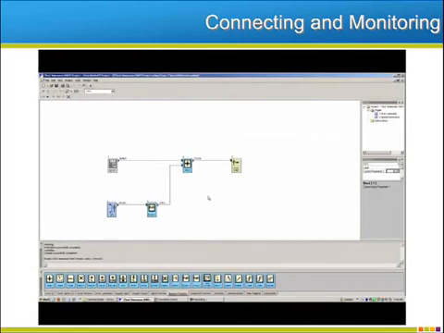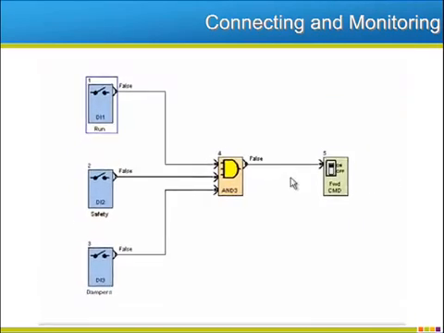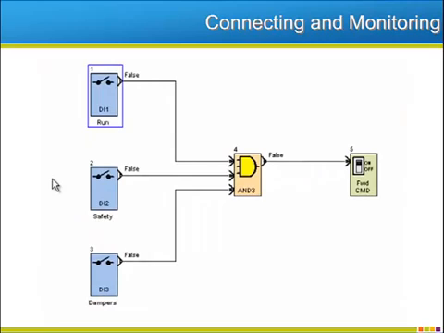Now I can go to my Run command page and see the status of all of my digital inputs. When all three inputs are closed, the drive receives its run command.